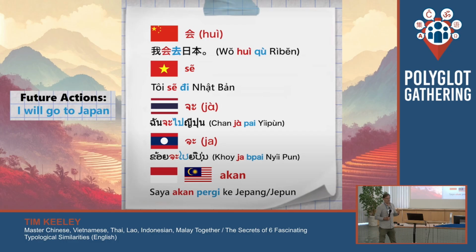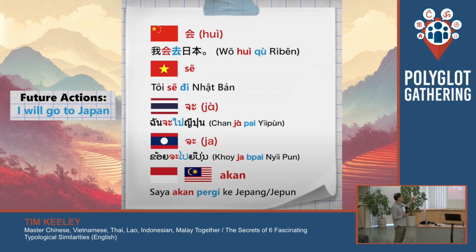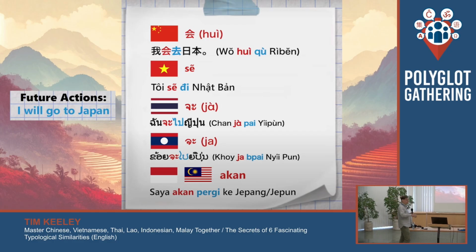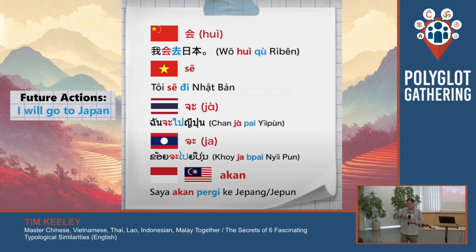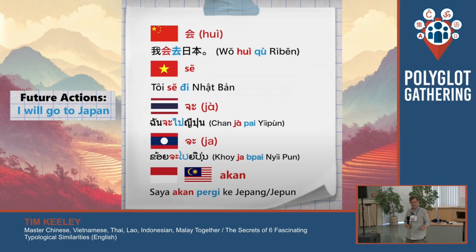All right, so when we're going to express the future, then we have just a single particle. In Chinese, you could even use yào in this case, but when you say huì, it's more like I will go, okay? 我会去日本. But the thing complicating this is that when you say huì in Chinese, it also means I am apt to do something.